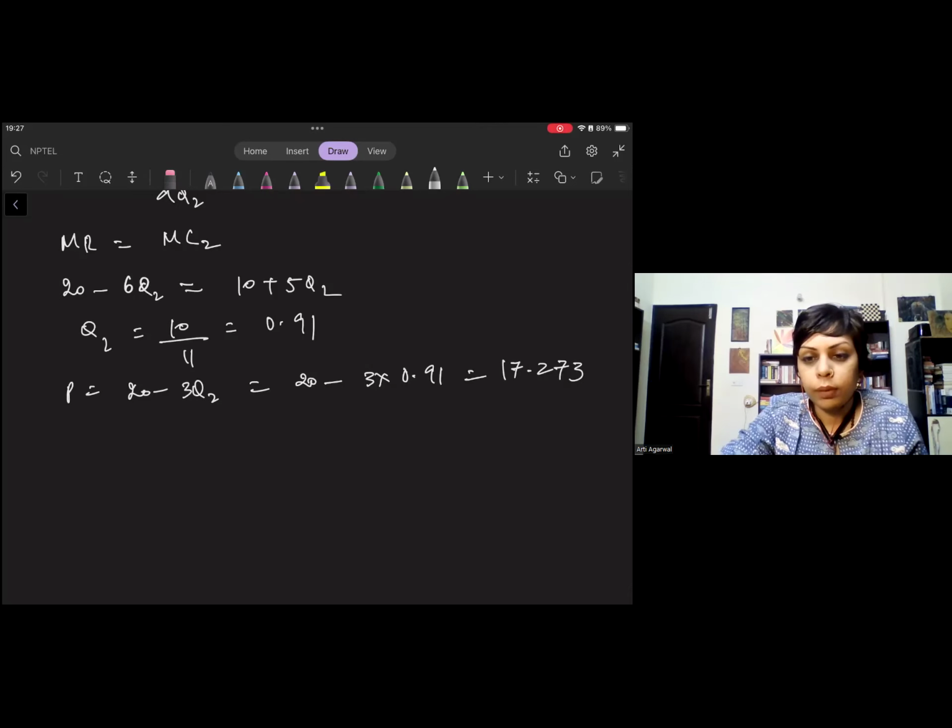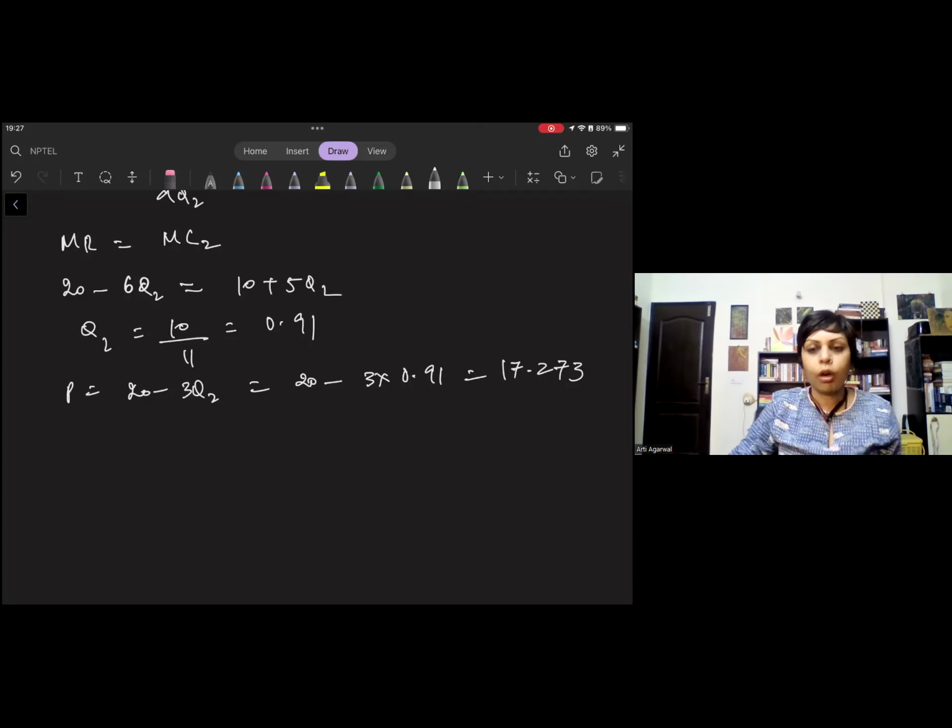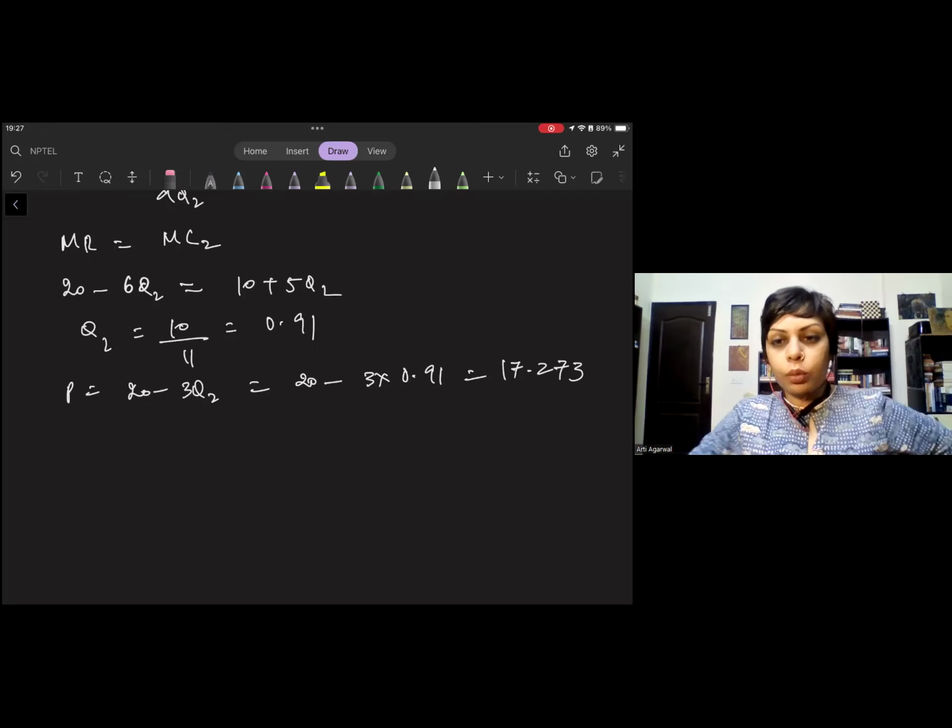So I hope that answers your question. MC is already given. I'm not sure why you were asking; you were probably trying to equate it. You will not necessarily need to. If you equate marginal cost of 1 with 2, you will get the same thing as from equating marginal revenue.